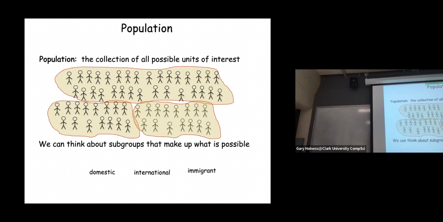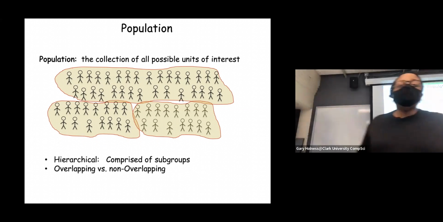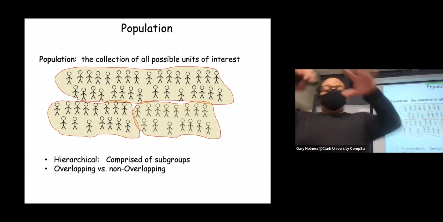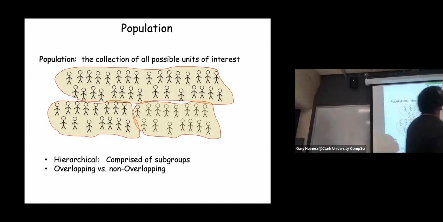And then maybe you have some that are kind of a little bit of both, but not the same as either, immigrants, okay? Now, all of the examples that I've given so far, these are so-called hierarchical populations. They're a collection of possible units of interest, and this collection is made up out of an assortment of subgroups. Now, of course, I started just with a one-level hierarchy.